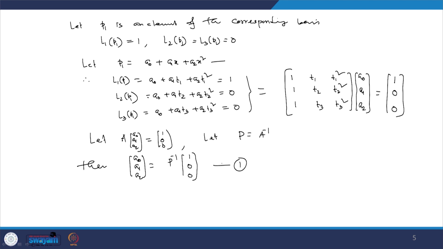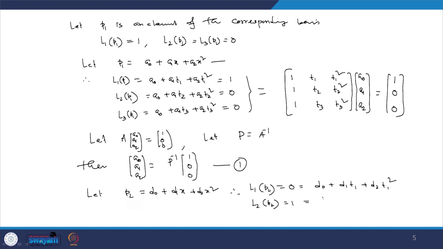Now, exactly the same way I can also proceed for P2. Let P2 equal d0 plus d1 x plus d2 x square, so that L1 P2 equal to 0, which is d0 plus d1 t1 plus d2 t1 square, and L2 P2 equal to 1.